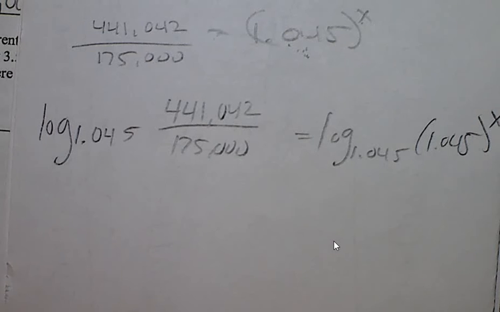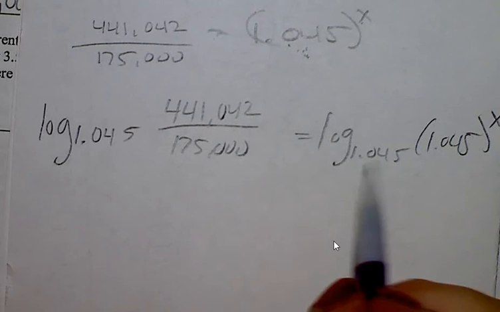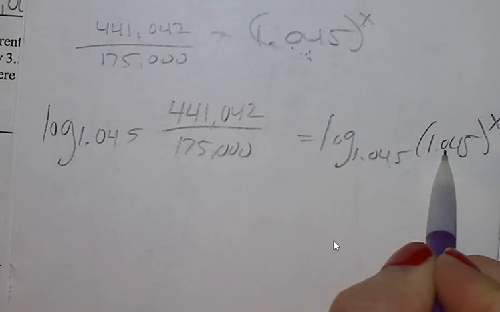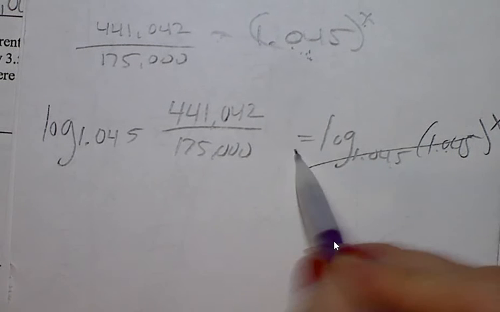The log of 1.045 and the base of 1.045 are going to cancel out, and we get to bring down the x.